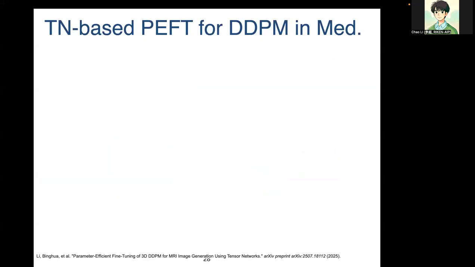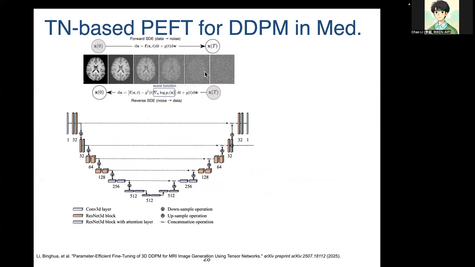Now, let's see how we can fine-tune a diffusion model for medical imaging using a similar idea. In this case, we start with a 3D DDPM pre-trained on the UK Biobank MRI dataset, and then fine-tune it on much smaller datasets of disease-specific MRIs.